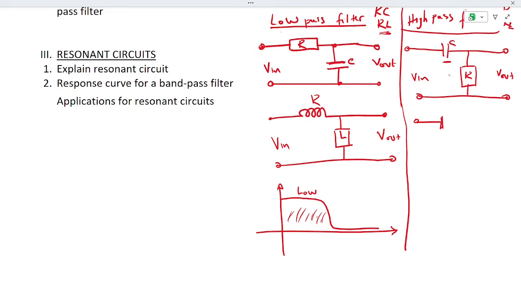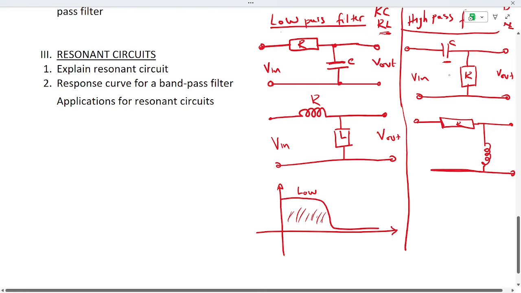We don't start with the inductor, we start with the resistor. V in comes in through a resistor, R, and then your output is connected across an inductor. And that's how it is. So V in here, V out there.